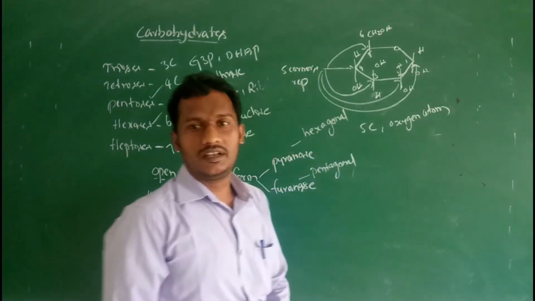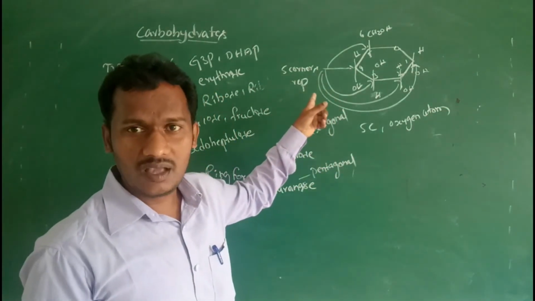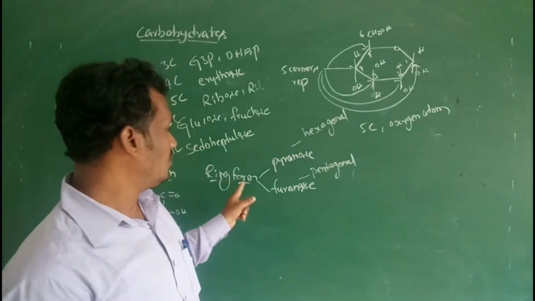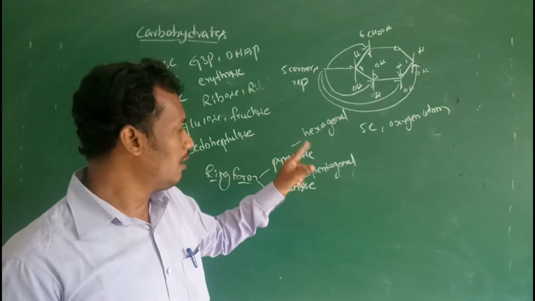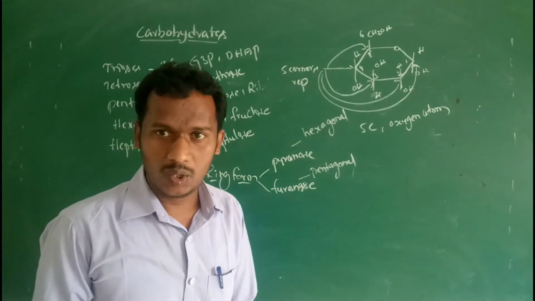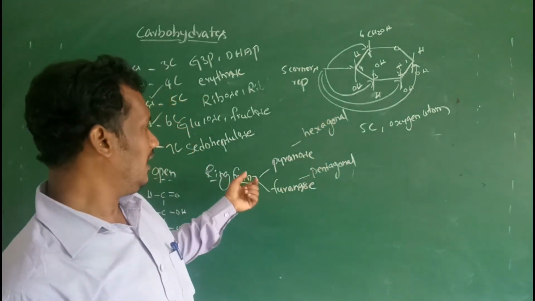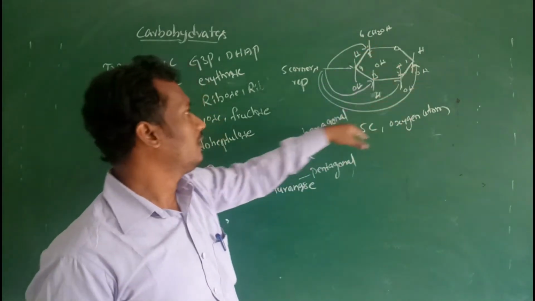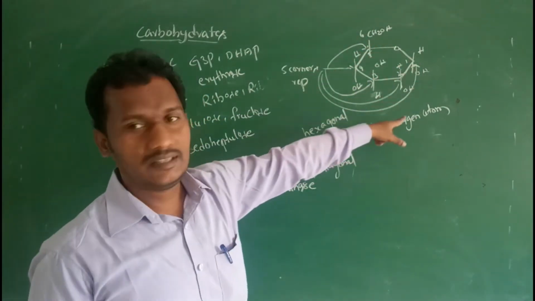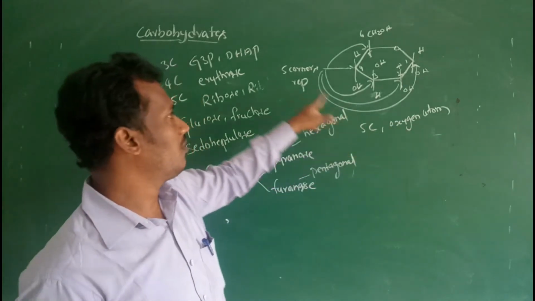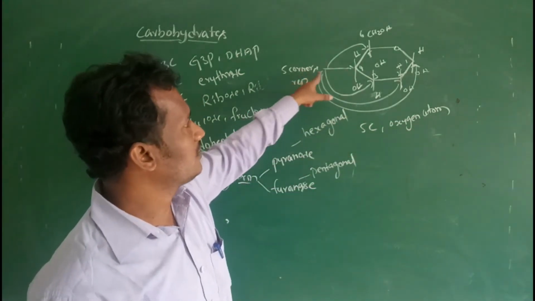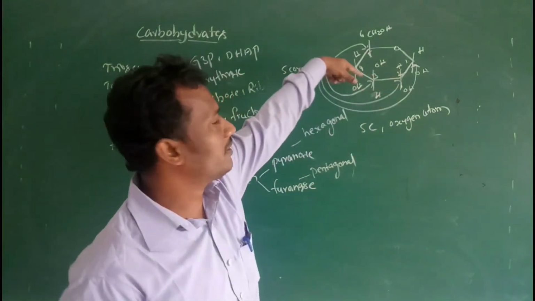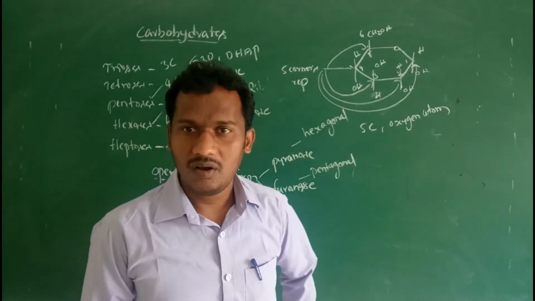This type of structure is known as the pyranose ring form. So the ring form of structure is of 2 types, pyranose and furanose. Pyranose generally has a hexagonal shape. It contains 5 carbons and 1 oxygen atom.